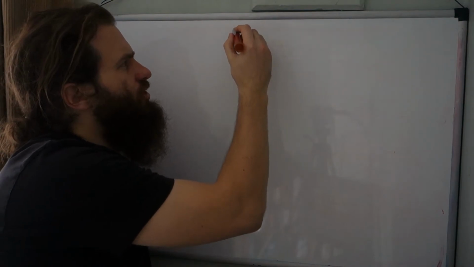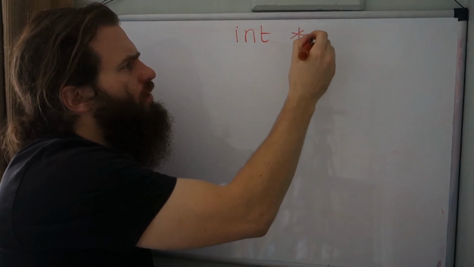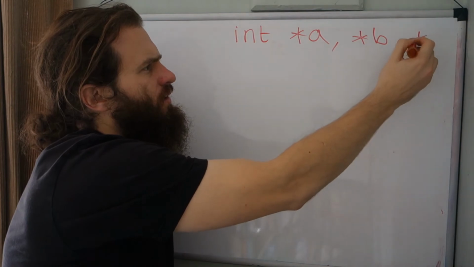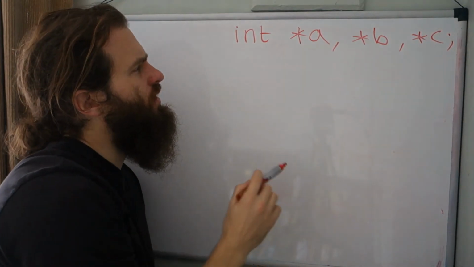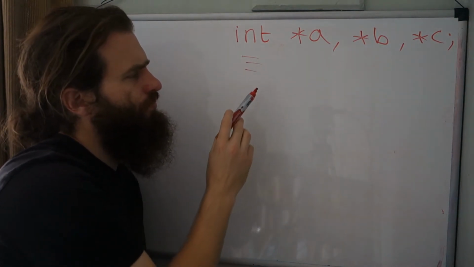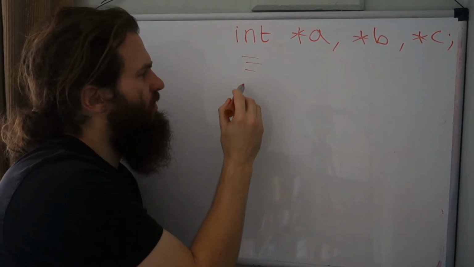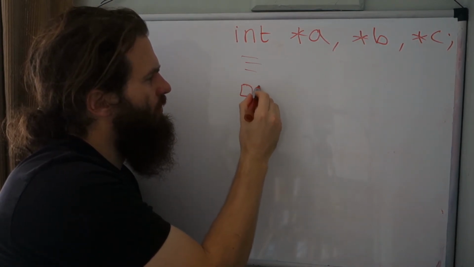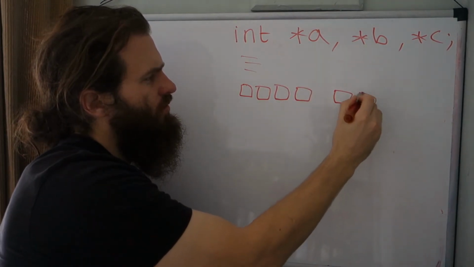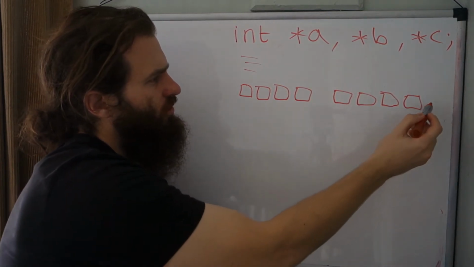Let me explain this. So last time we said that if we had an integer array, and let's assume that we've got a few of them. So we've got A and B and C. And imagine that we then allocate memory for them here. What these look like, if we look at the memory address at A, we're going to have our bytes in memory, assuming again 32 bits per integer or 4 bytes per integer.